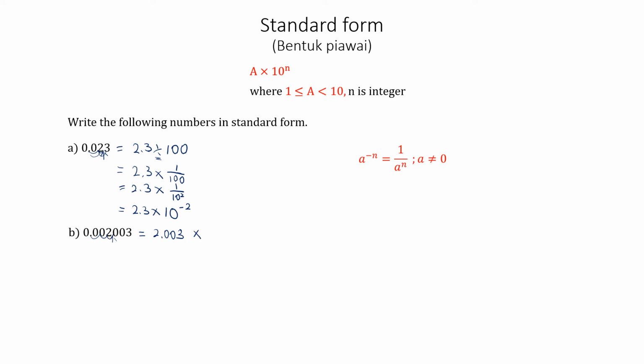So basically I can just multiply with 10 to the power of negative 3. If you refer to question A, it is basically divide, so divide 10 to the power of 3. So that's it.